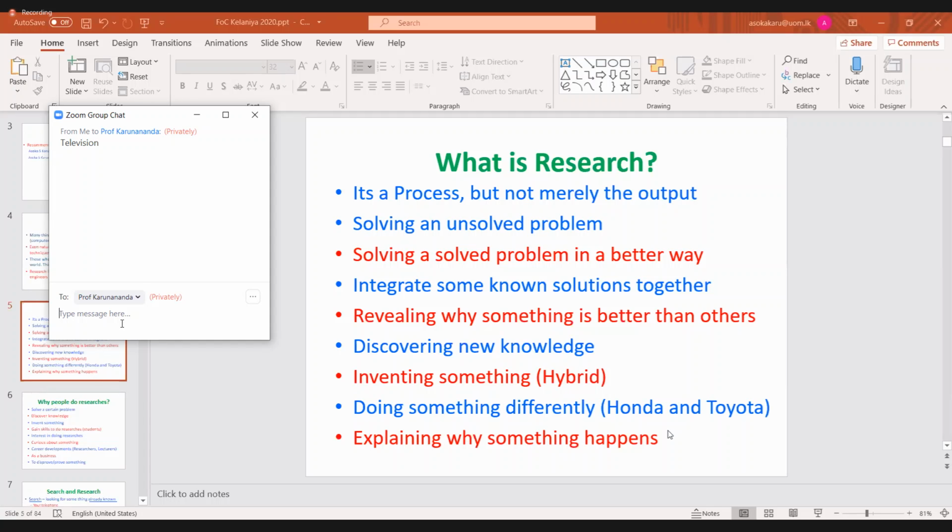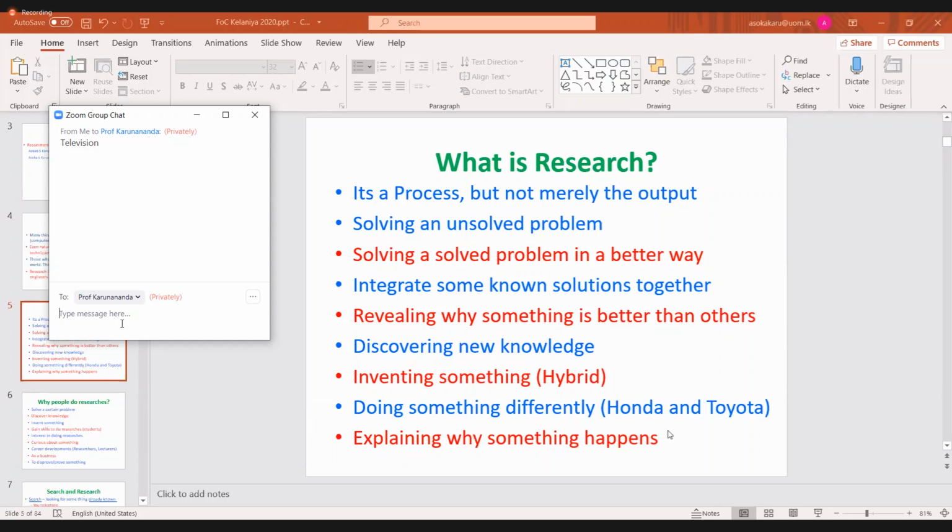But the techniques they use are different, and the quality of the products is also different. Take Honda, Toyota, Mitsubishi, they make similar cars, the technologies may be the same, still they do it differently.